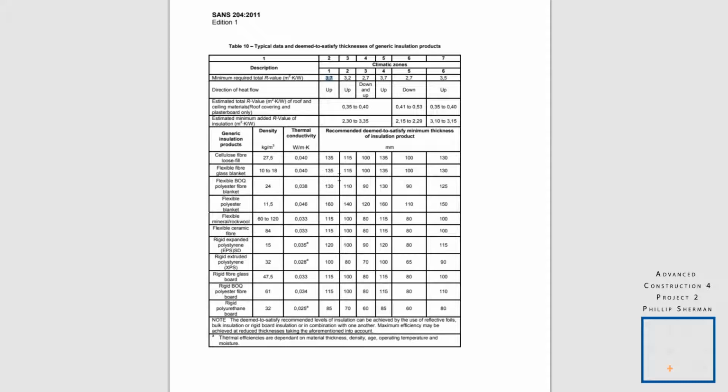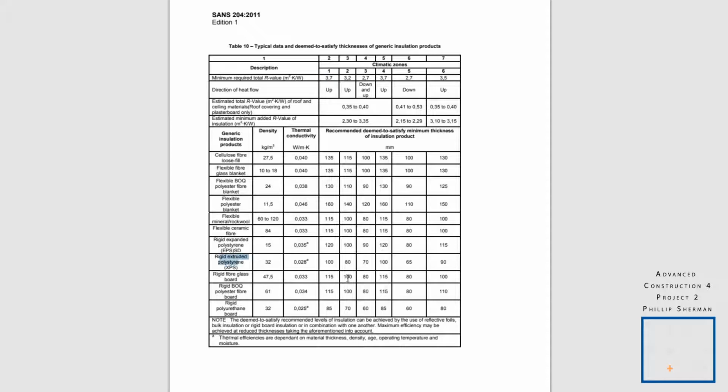and for me to have 2.2 to sufficiently insulate the wall, I would need a cellulose fiber loose fill of 135 millimeters thick, or a flexible mineral rock wool, where I'd need 115 millimeters to get that resistance value.